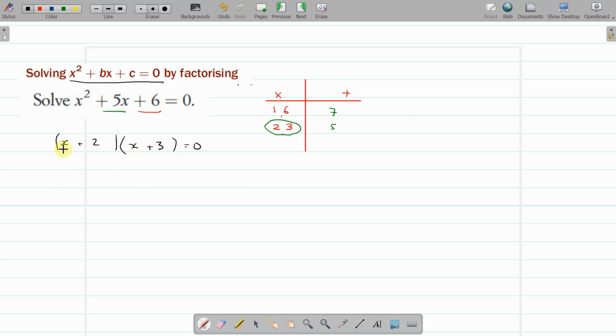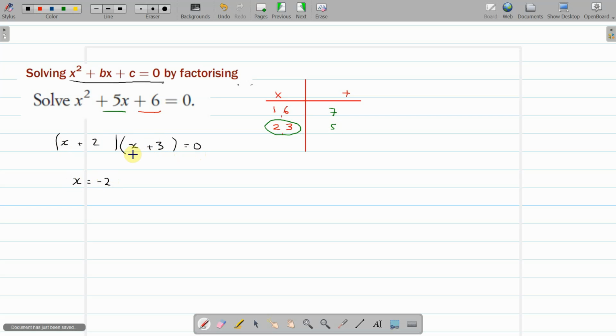So what do we need to do to make x so that this equals 0? The only answer is minus 2. Because when you put minus 2 here, you get minus 2 plus 2, that's 0. Good, because that's what you want. 0 times whatever that is still going to equal 0. So that's taken care of.